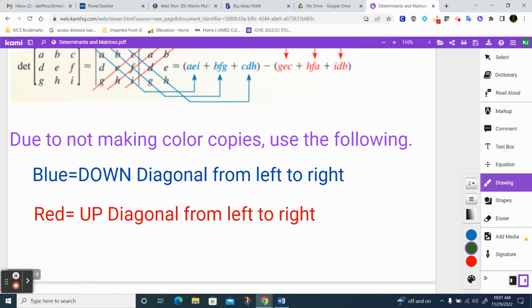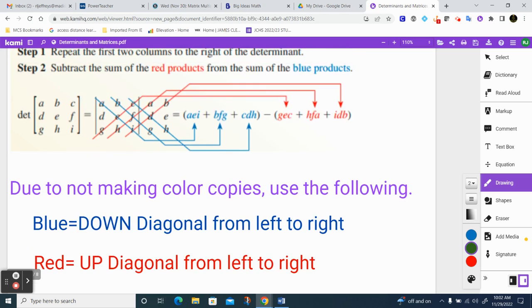So, due to not making color copies, we're going to use the following. Where it says blue, that's going to be our down diagonal right here. Red is going to be our up, as it goes up from left to right.